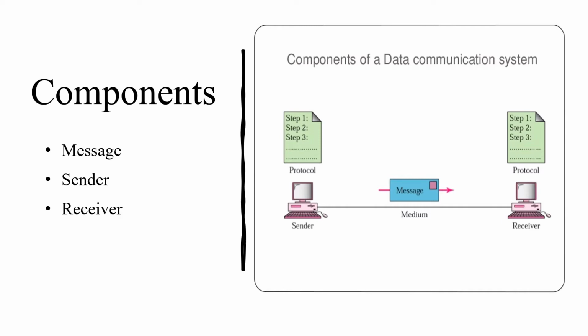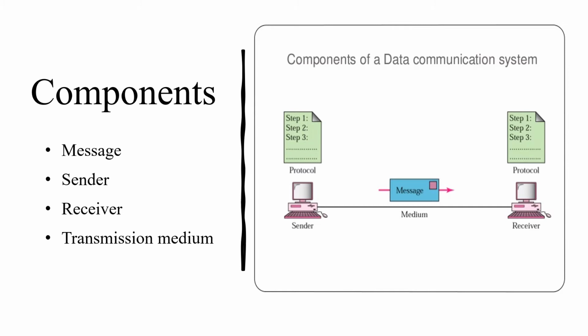Then we have the receiver. The receiver is the device that receives the message. It can be a computer, a workstation, a telephone handset, a television and so on. Then we have the transmission medium. The transmission medium is a physical path by which a message travels from the sender to the receiver.